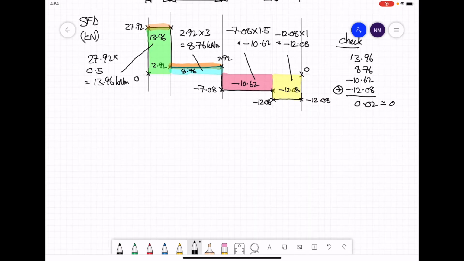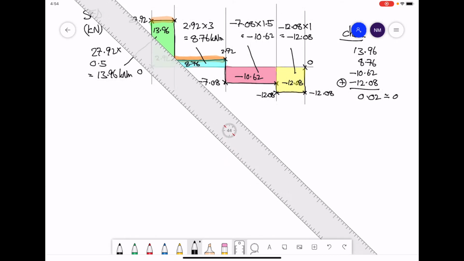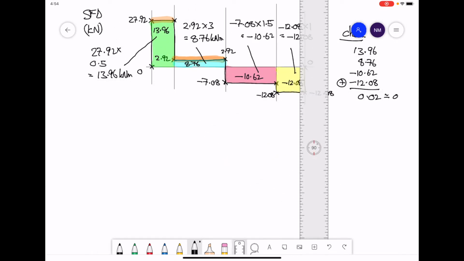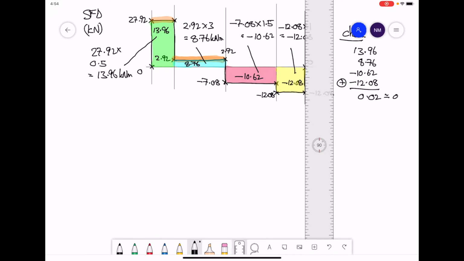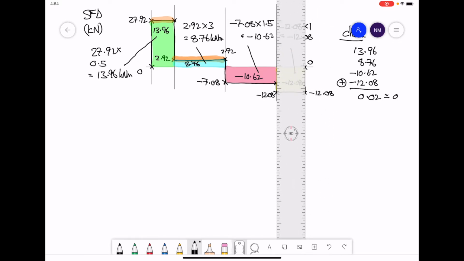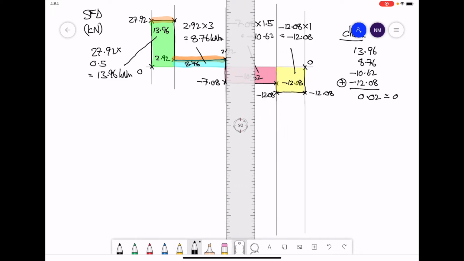First of all, I'm going to draw in some construction lines, and this will coincide with the start and the end of the beam and with where each of the point loads are applied.